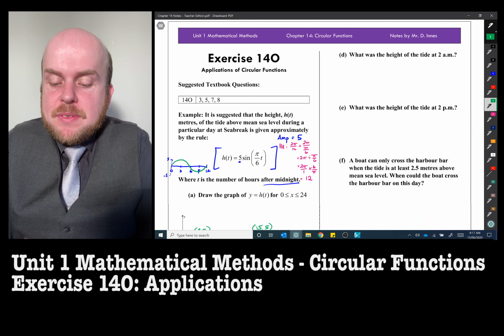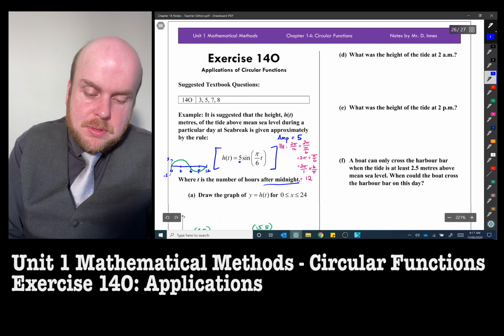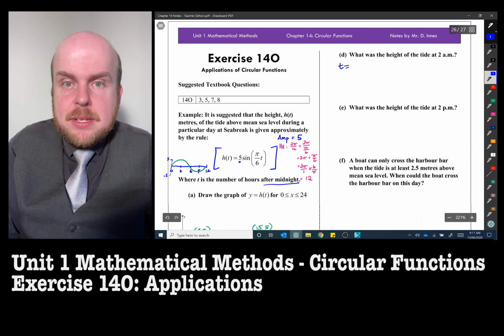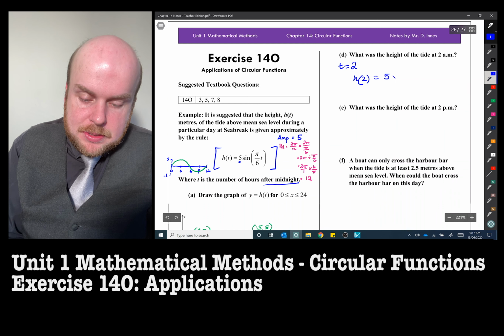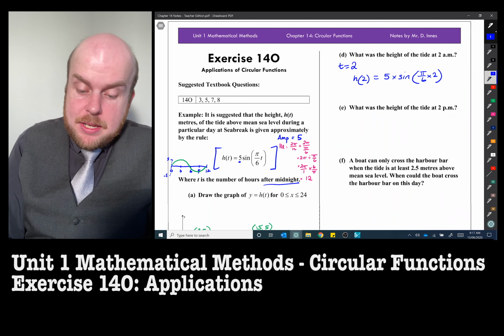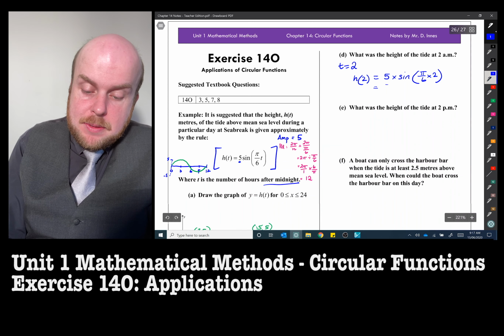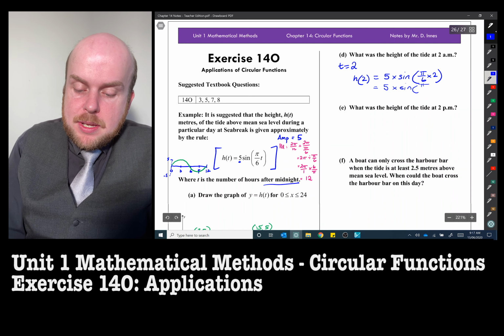D, what was the height of the tide at 2 a.m.? So this is where we'll need to substitute t for whatever 2 a.m. is equal to. And of course, 2 a.m. is 2 hours after midnight, so it is 2. So this will become h of 2 is equal to 5 times sine of pi over 6 times 2, which if we cancel that down, we go to 5 times sine of pi over 3.